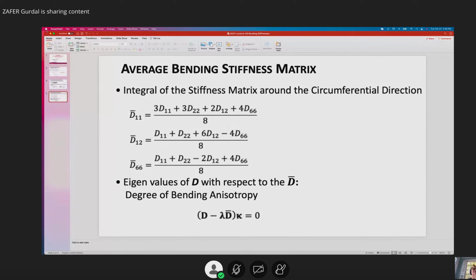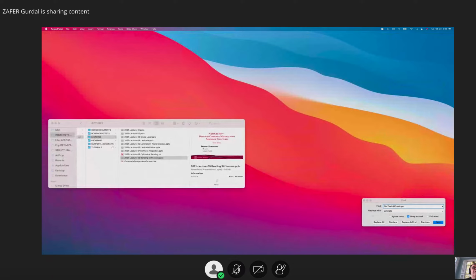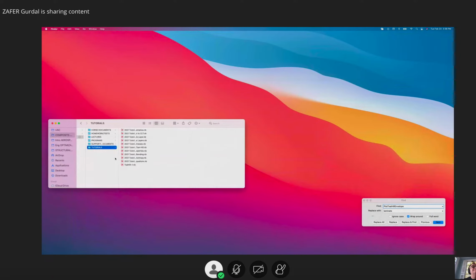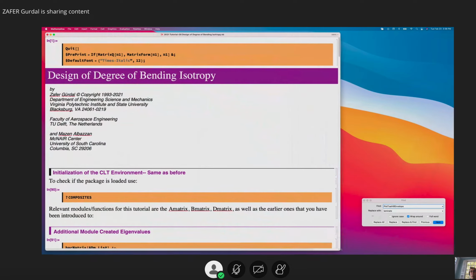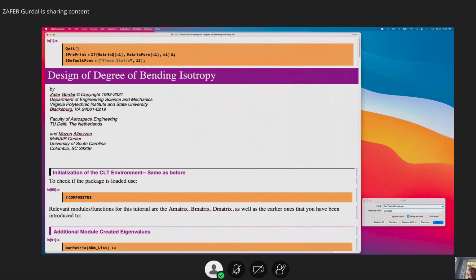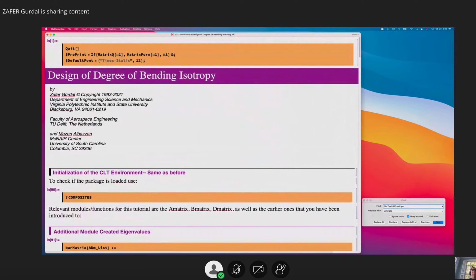All right, so let me close this and get my tutorial. Ctrl+200 is a good magnification. All right, so I don't know if this is working anymore.